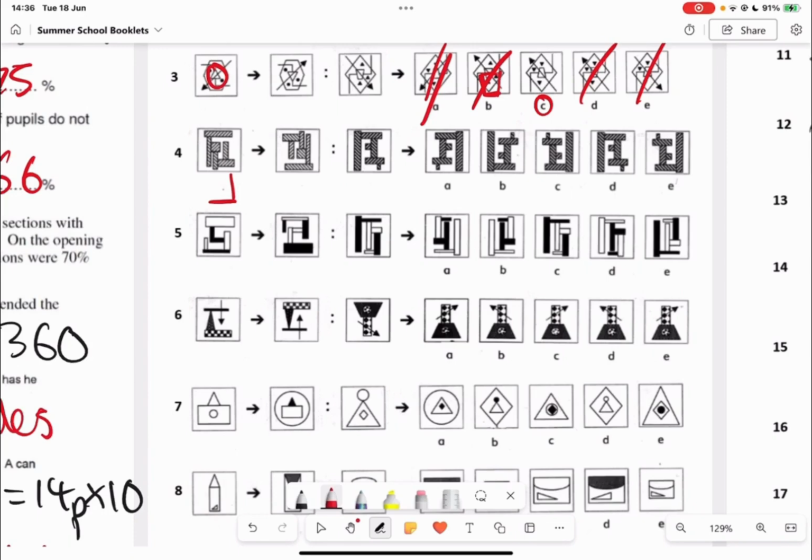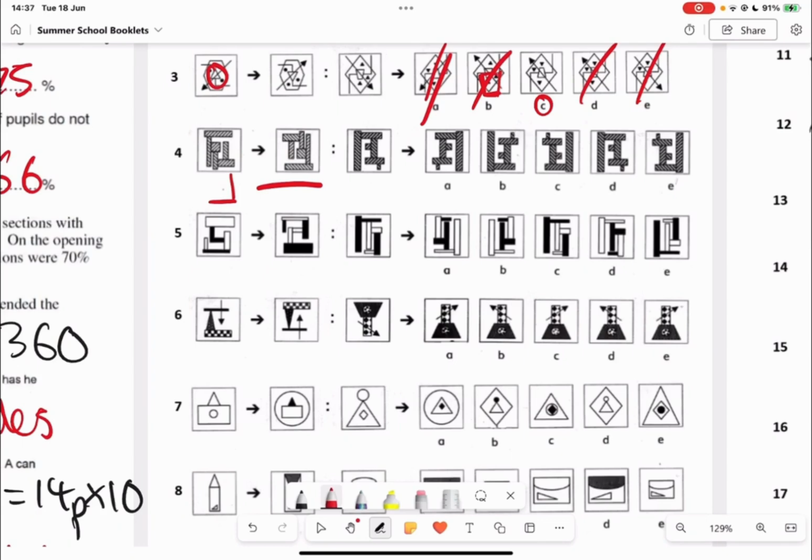But more importantly, we're going to look at which shape has reflected in the x-axis for our answer. So we know that that is the case for E. So in E, we can see that the shape has reflected in the x-axis and then the y.